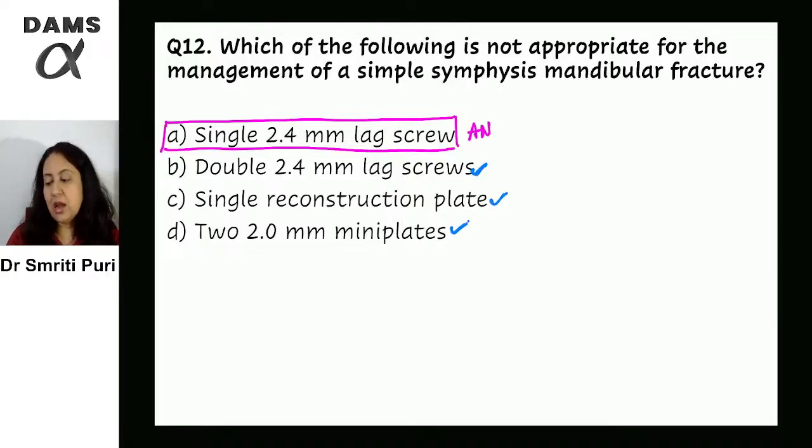Hence, this is the correct answer. Is it understood? HS, Sujoy, Nimisha, I hope it is clear to all of you. Please let me know.